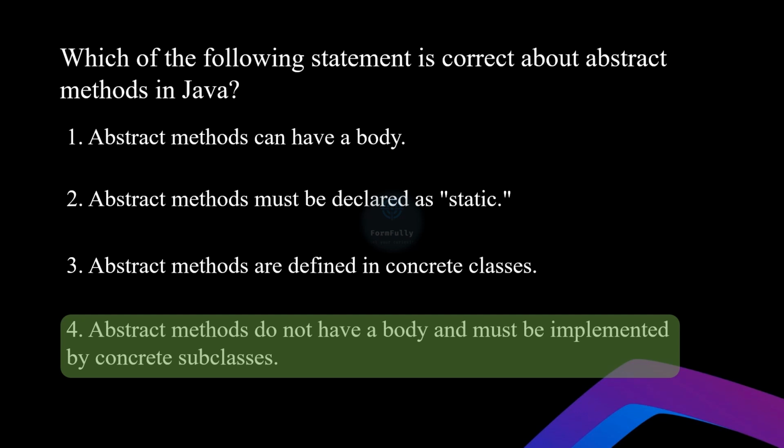They must be implemented by concrete subclasses. Options 1, 2 and 3 are incorrect because abstract methods cannot have a method body, do not have to be declared as static, and are not defined in concrete classes. So option 4 is correct.